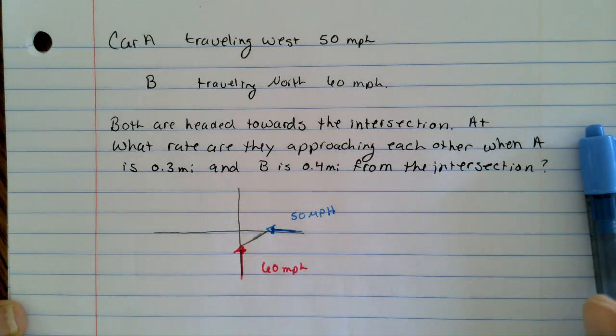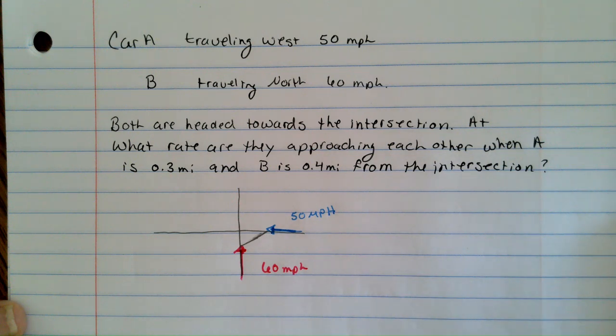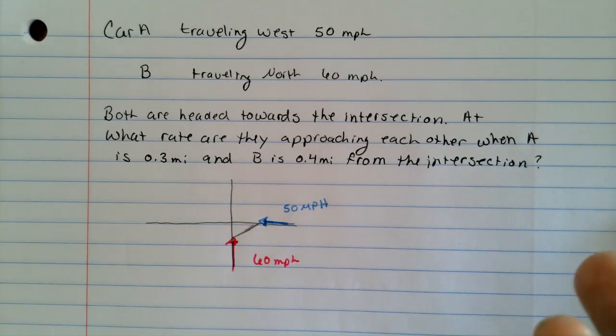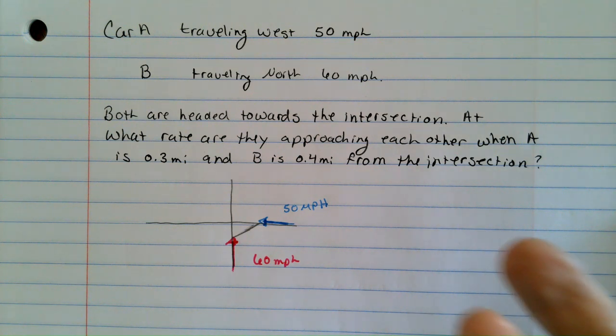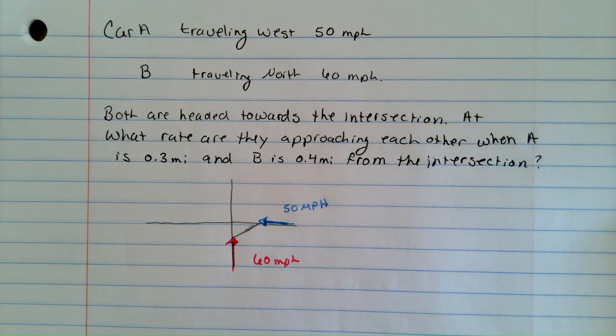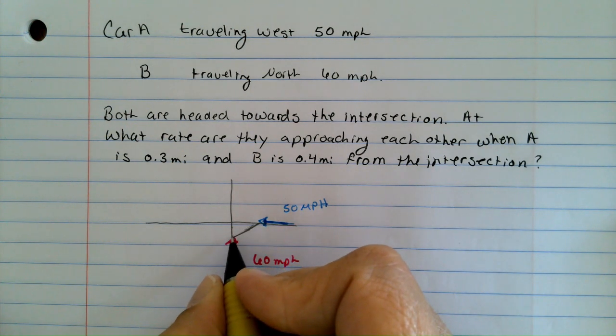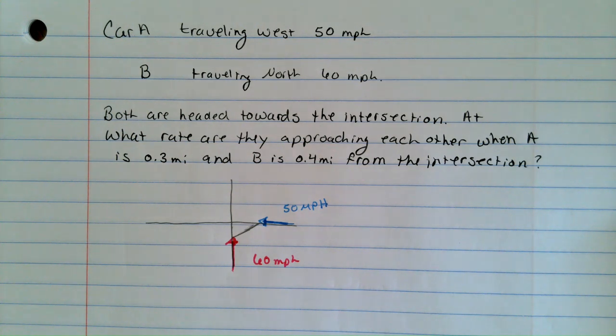So that would be where they're relating to each other, right? Now, notice that both of these are technically going to be negative speed because the distance between them is decreasing. This distance is decreasing, this distance is decreasing. It's not that their speed is negative, it's that their distance from the intersection is decreasing.